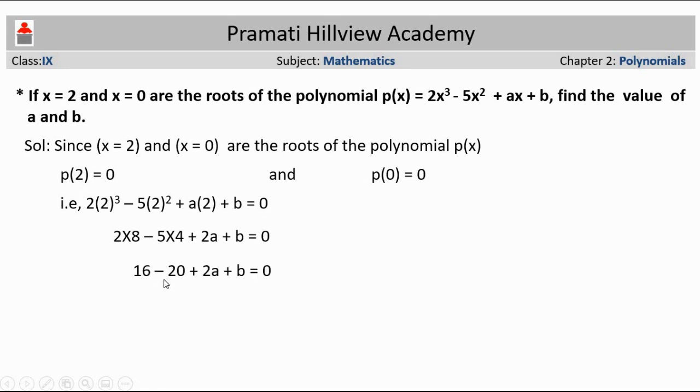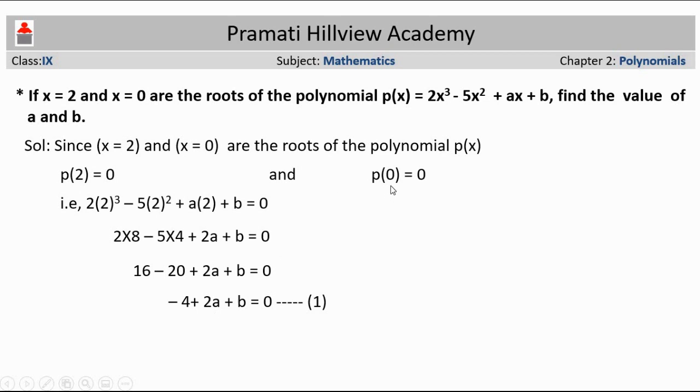That is 16 minus 20 plus 2a plus b is equal to 0. Now 16 minus 20 is minus 4, plus 2a plus b is equal to 0. We take it as equation 1. Since here we need to apply the value of b so that we can get a.